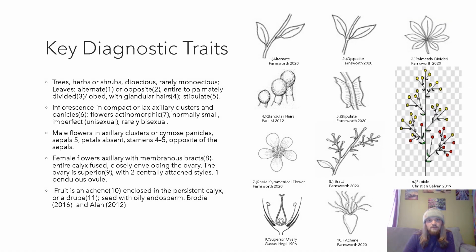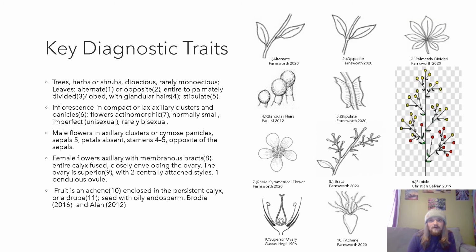So for key diagnostic traits, the Cannabaceae family consists of trees, herbs, or shrubs, and they're dioecious, meaning pistillate and staminate flowers are on separate plants. The leaves are either alternate or opposite, sometimes both, and they're entire to palmately divided or lobed.